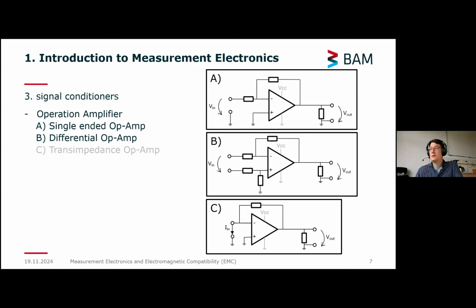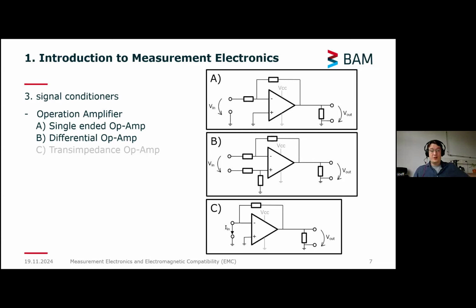The ultrasonic transducer as a receiver is a single-ended signal, so you only have one output, and for that you could use a single-ended operational amplifier. It would be the top right one, and also the differential op amp could be used if you have a differential output.